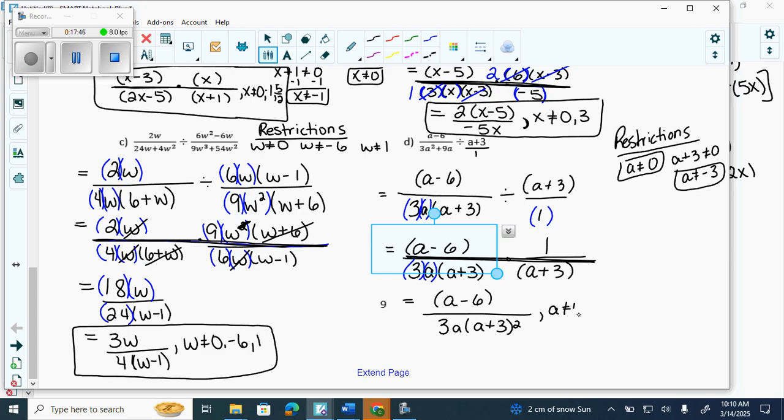A can't equal 0 or negative 3 squared? No. It has to do the whole thing, so it has to be on the outside. Now, you don't want to distribute the 2 into the brackets because that's not real. A plus 3 squared is A plus 3 times A plus 3, which is actually A squared plus 6A plus 9, not A squared plus 9, for those of you who distribute in.